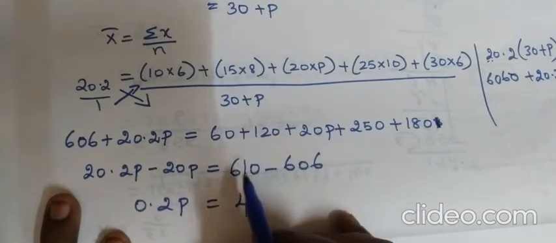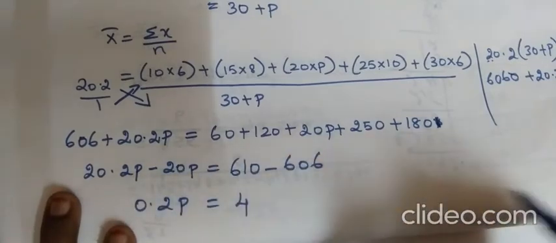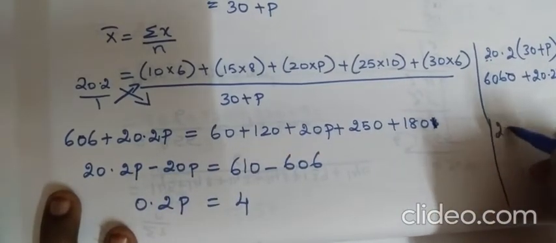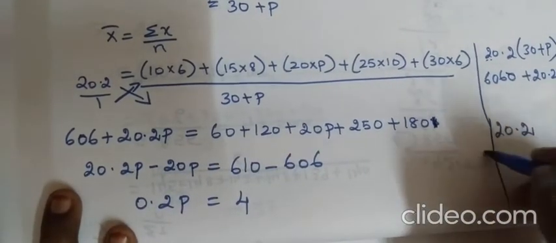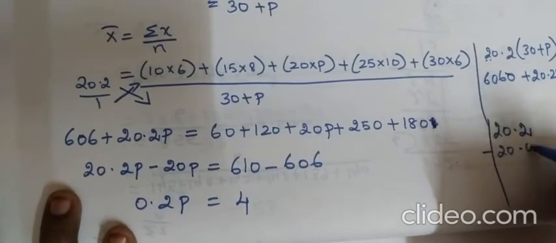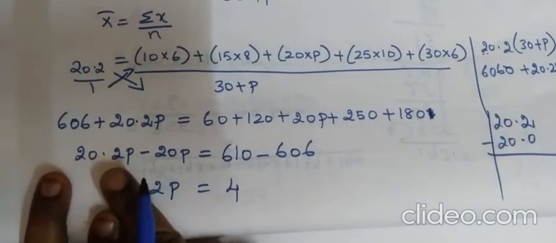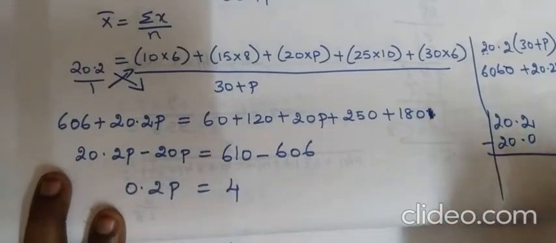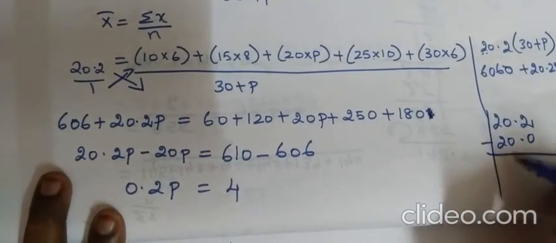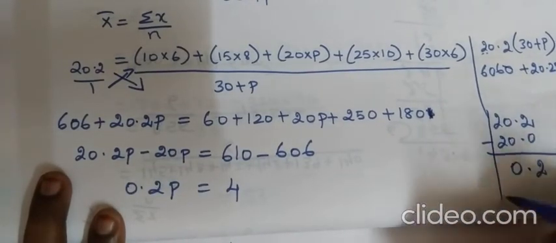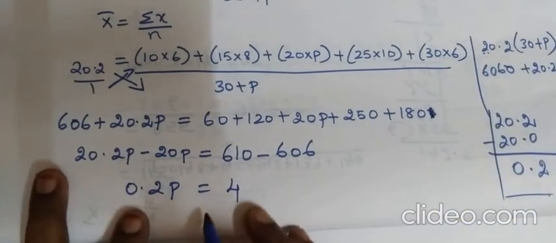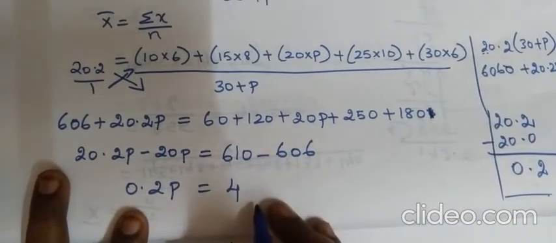Clear? Next, how to subtract this? 20.2 minus 20.0. 20.2, here only 20. Subtract 20, 0. So 0.2p is equal to 610 minus 606, which is 4.